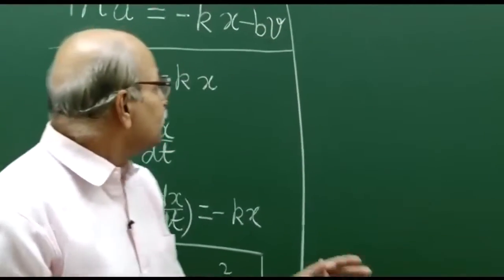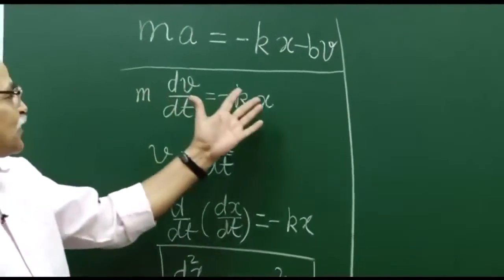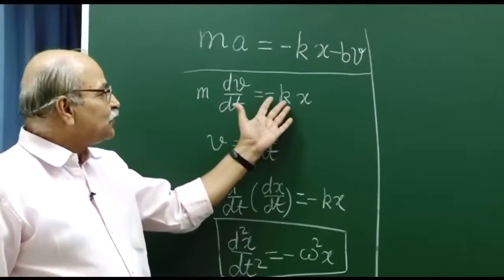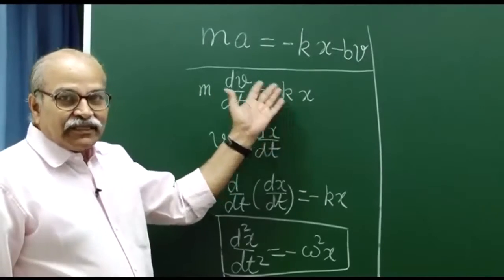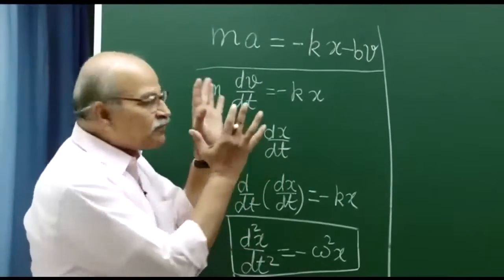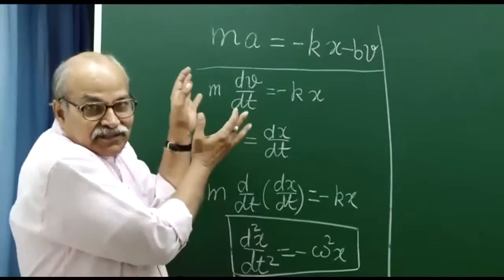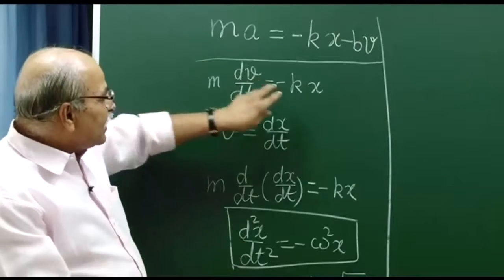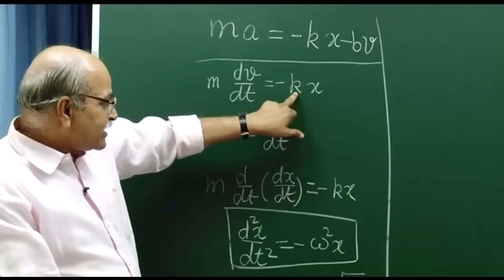The basic equation was mass times acceleration is equal to restoring force. It is not necessarily mass as such in an oscillating system; it could be moment of inertia or something else related to the system, and this is related to the force as I said earlier.